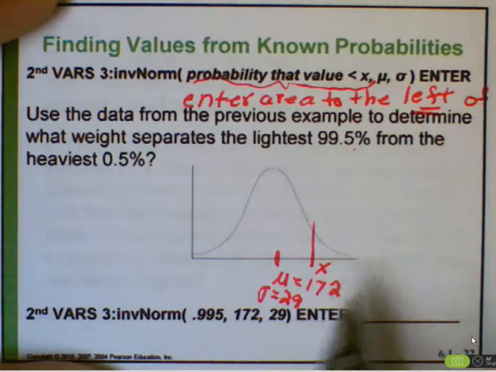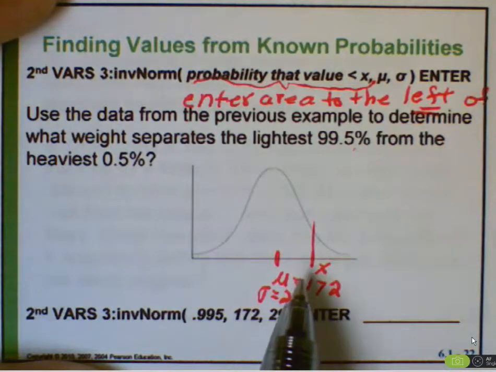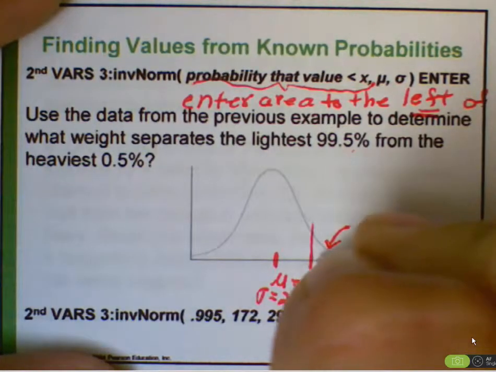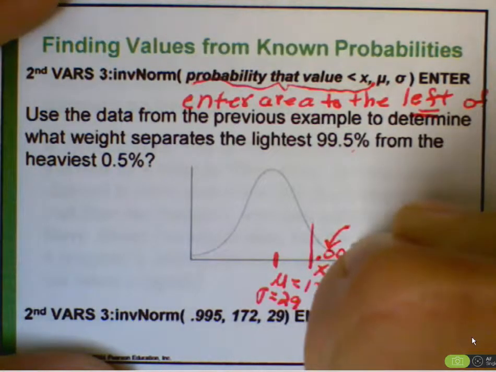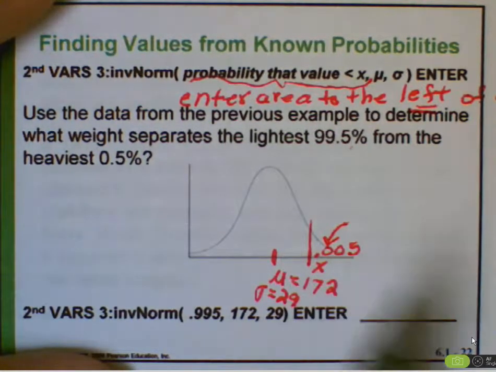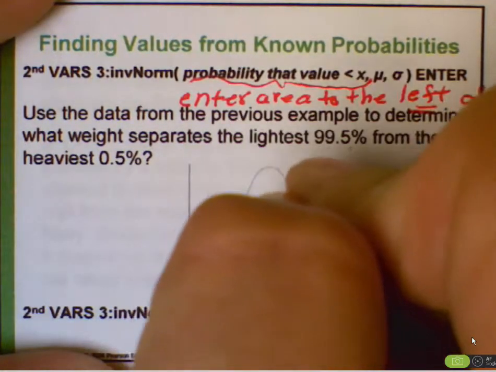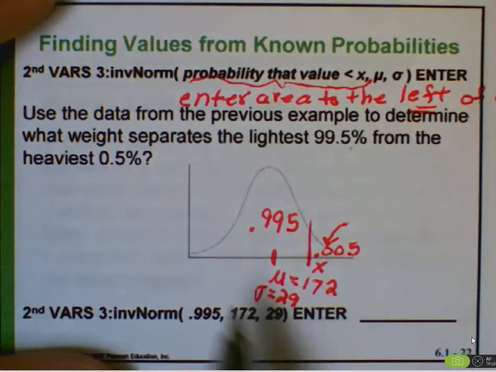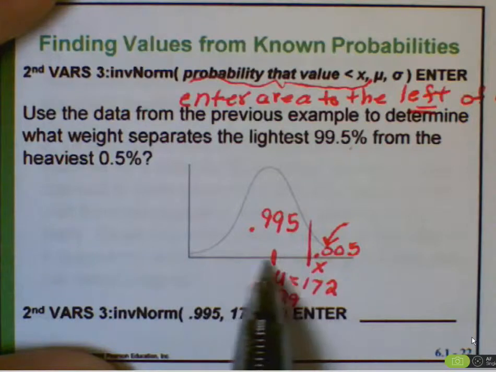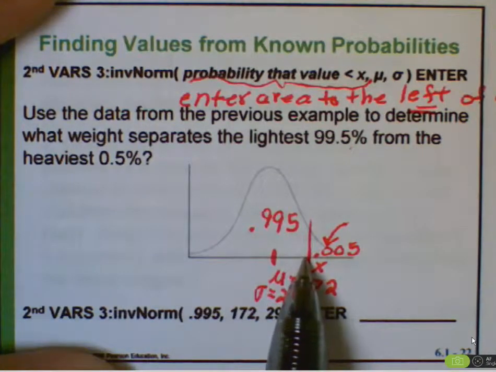There's some weight that I'm looking for such that only 0.005 is the area to the right of it, and 0.995 is the area to the left. These are the weights of the lightest 99.5% of the population.